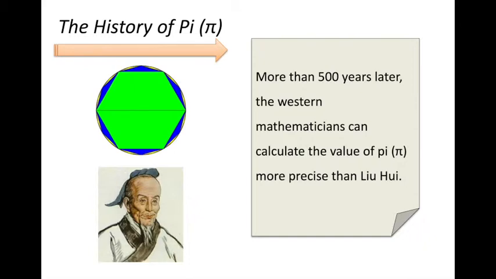In 263 AD, Liu Hui put forward the cyclotomic technique and discovered that pi is approximately equal to 3.1416. More than 5 years later, a Western mathematician could calculate the value of pi more precisely than Liu Hui.